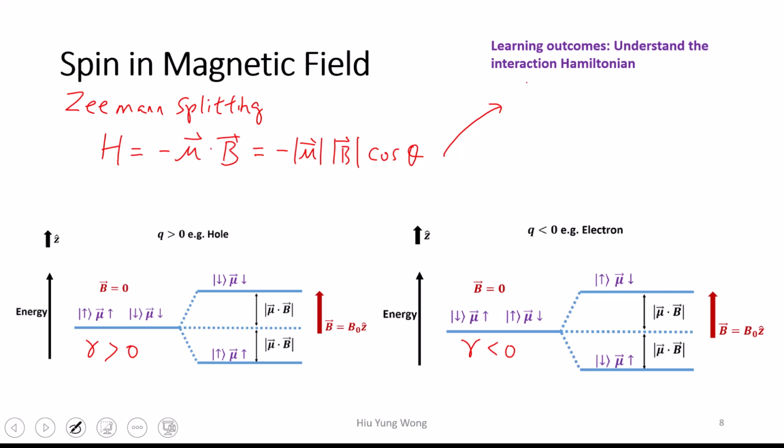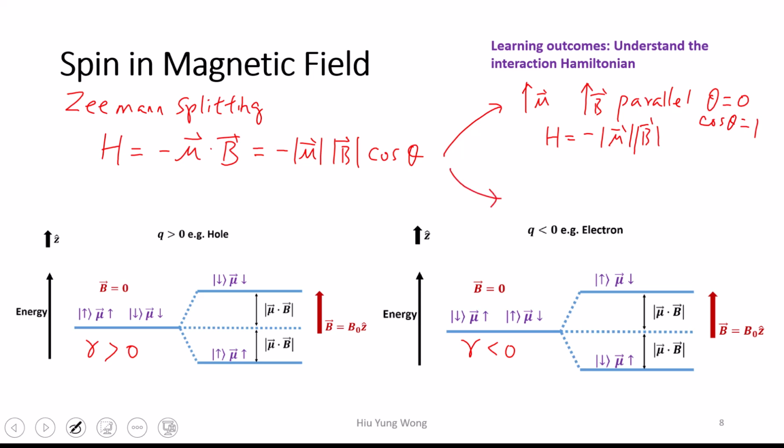For example, if mu is pointing up and B is pointing up, it means they are parallel. What is the angle between them? Very good. Theta equals 0. What is cosine theta? It's 1. So H equals negative mu B, because cosine theta equals 1.